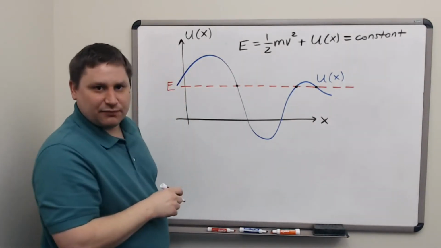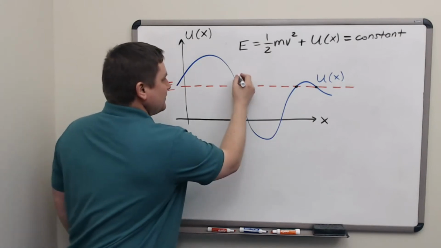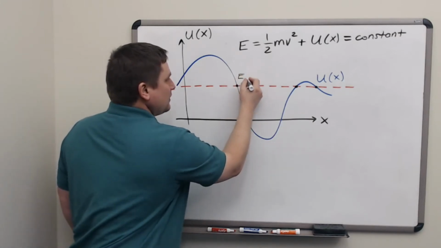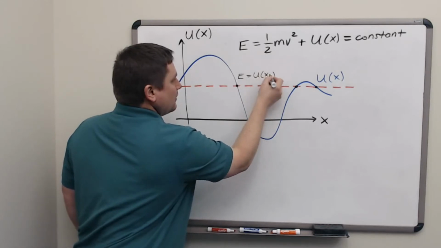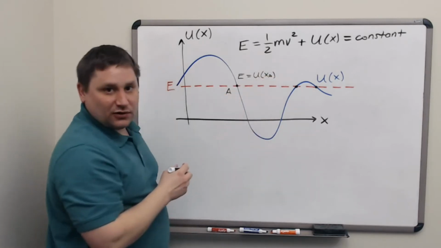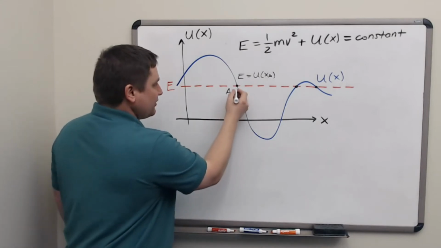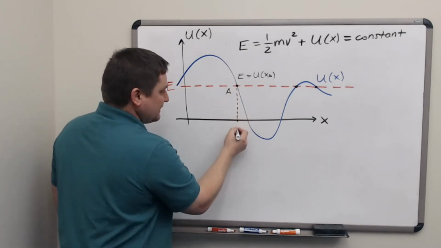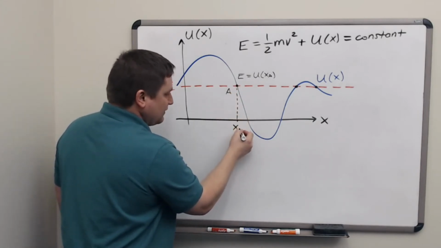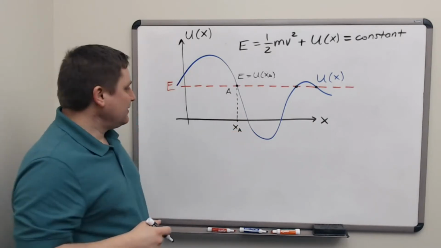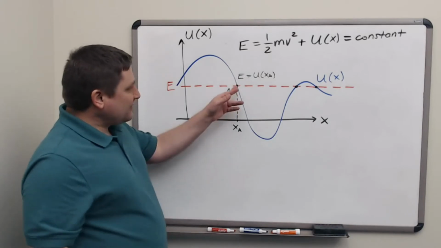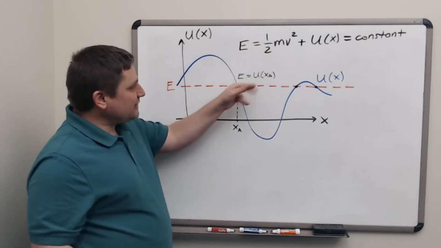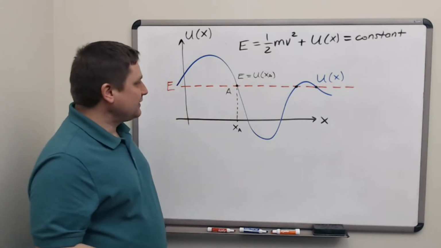At these intersection points, the total energy is equal to the potential energy at that location. Let's call this one on the left point A and give it an x-coordinate label of x sub A. Therefore, at this location, the total energy is equal to the potential energy.